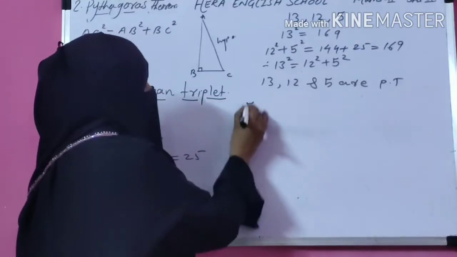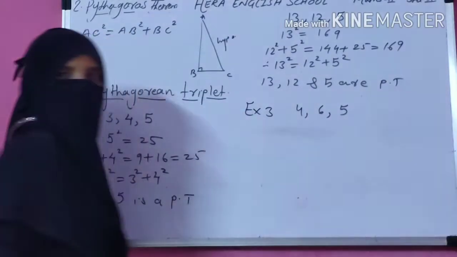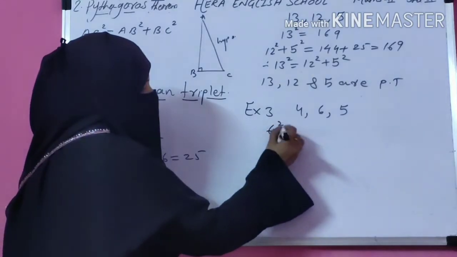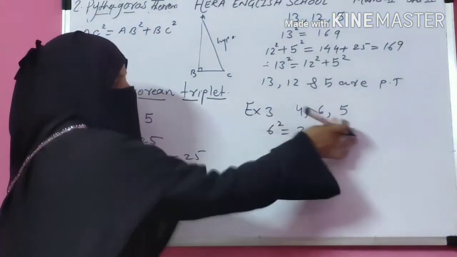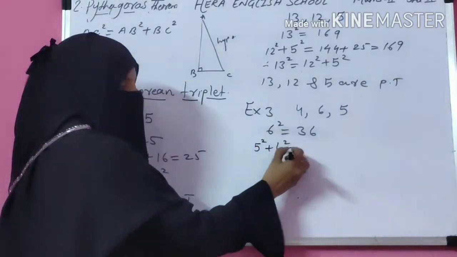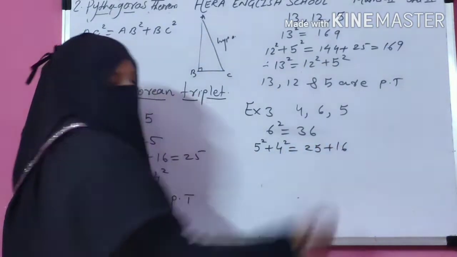See one more example, example third, 4, 6 and 5. Now here the greater number is 6. So 6 square is 36. Then the sum of the squares of the other two numbers, 5 square plus 4 square. 5 square is 25, 4 square is 16.